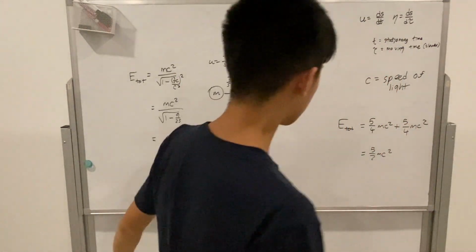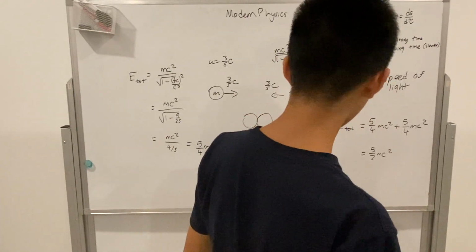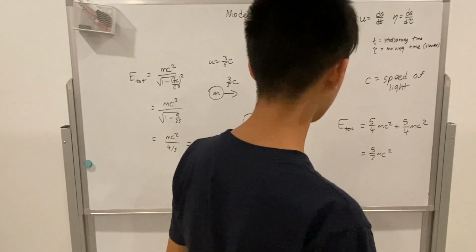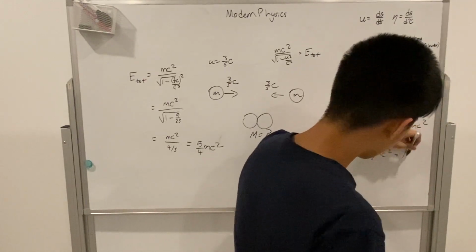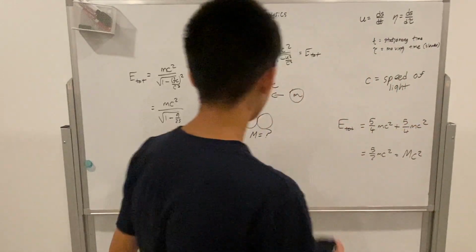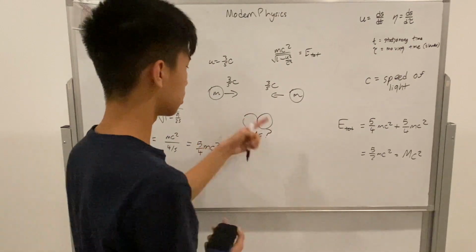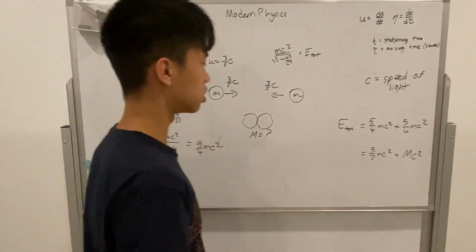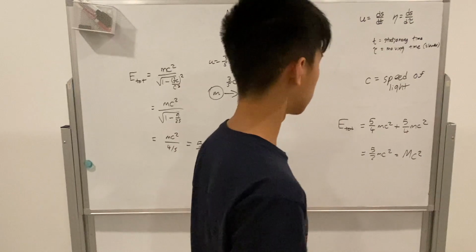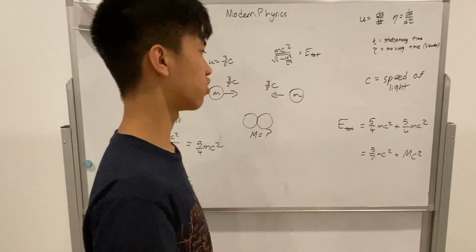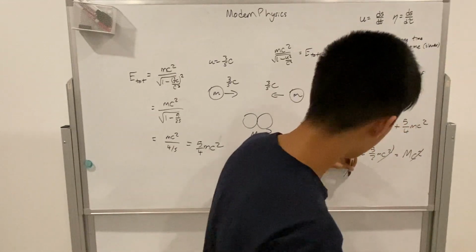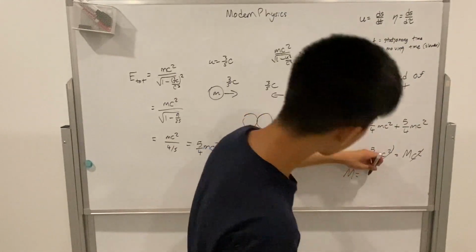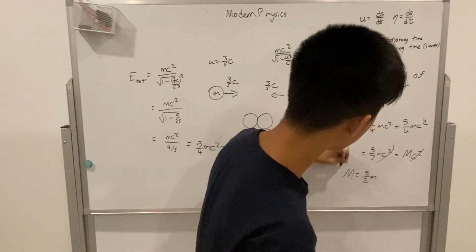What? Well, what is that? This is confusing, because the rest energy of big M is Mc squared, as per Einstein's famous formula. But you cross out the c squared, so you end up with big M equals 5/2 small m.